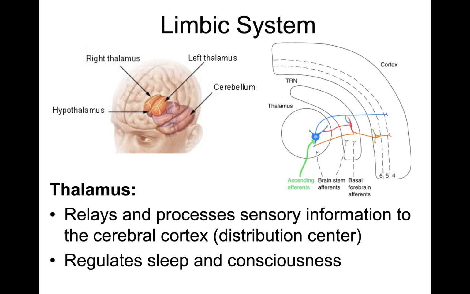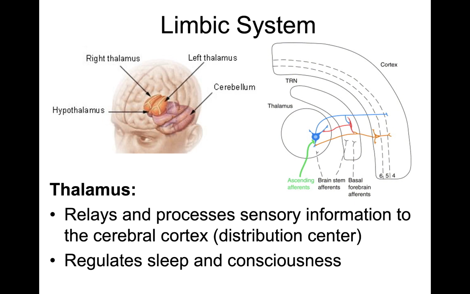It's going to receive information, and it's going to relay the information to the higher centers. For example, information coming from the outside world about the weather, if it's hot or cold, what the temperature is. It's going to organize the information, sort it out, and send it to wherever it needs to go, maybe to the frontal lobe or the parietal lobe, wherever it needs to go.